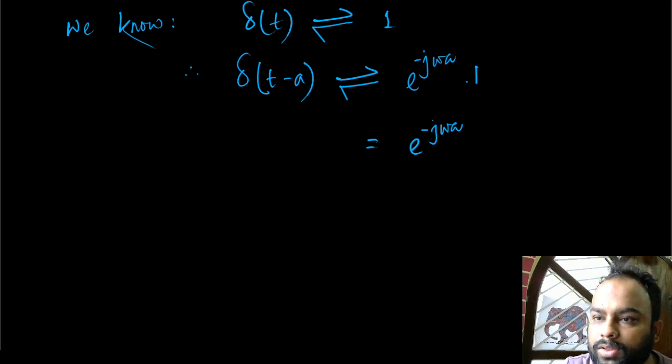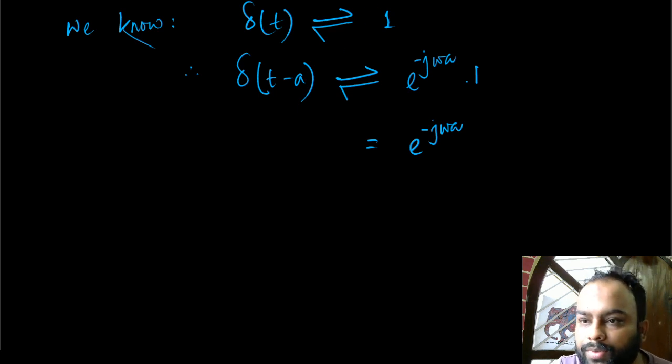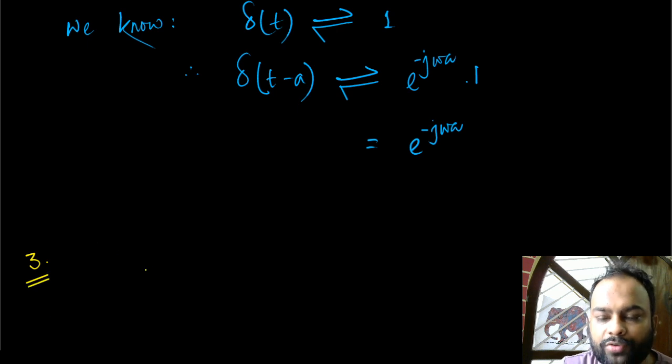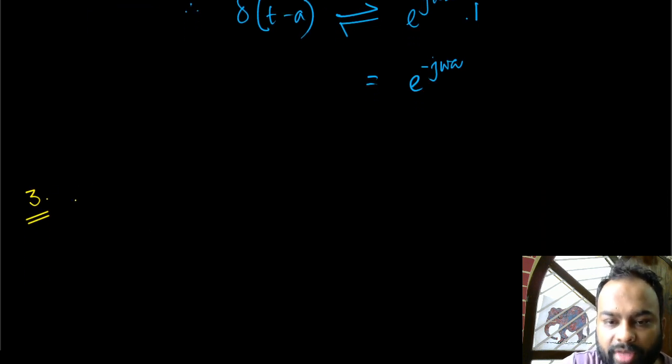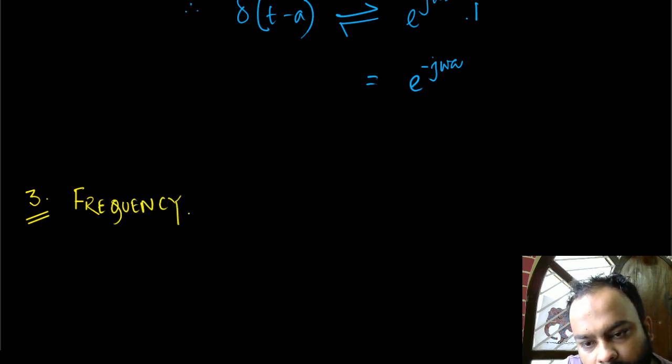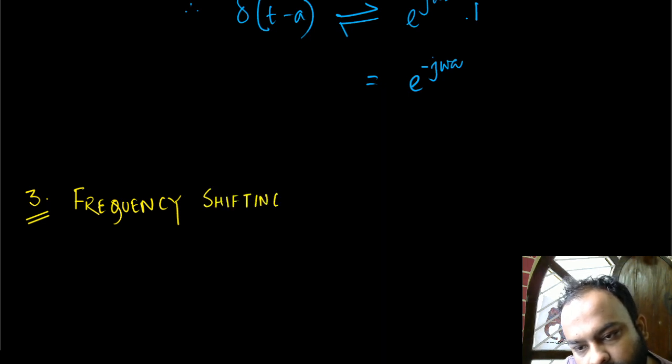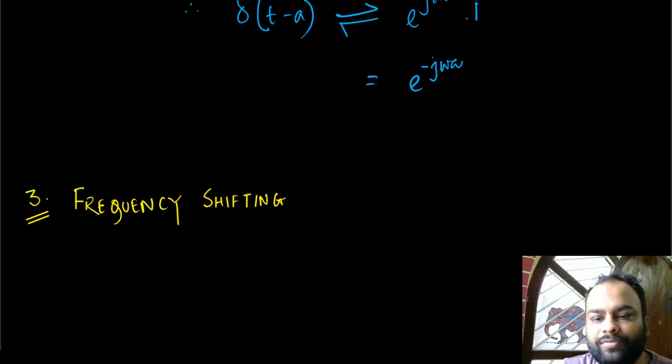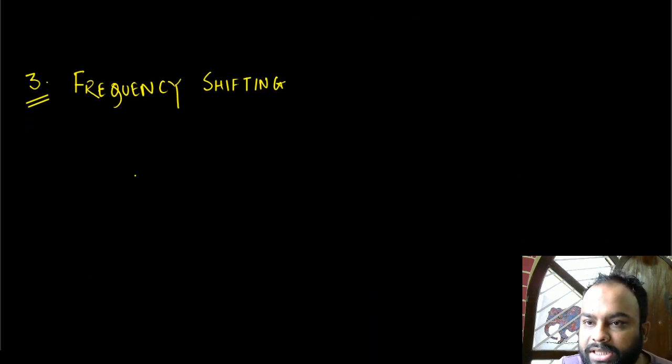All right, so let's proceed with the next property. Property number 3, right? Of course, we did time shift. Let's do frequency shifting. The frequency shifting property tries to go the other way around.